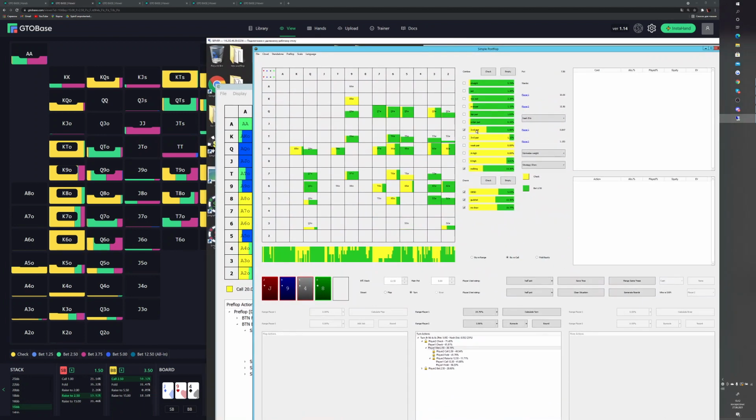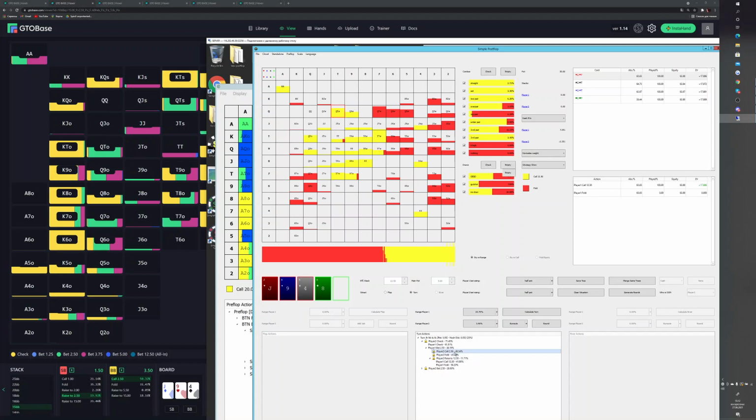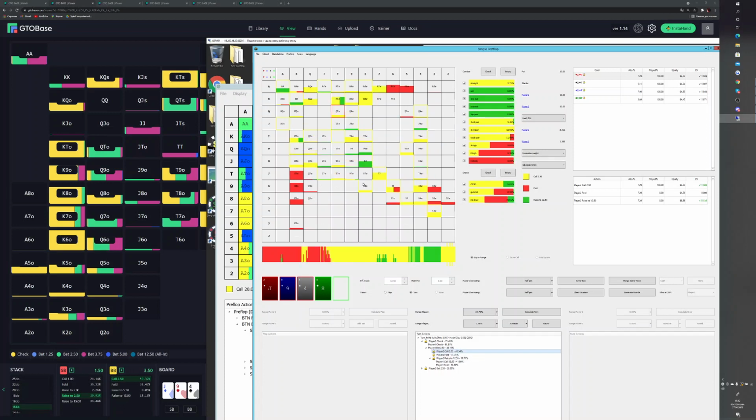So I think the biggest problem for us after we take this line is our value betting range on the river. Because if we check call on the turn, our opponent knows that we have nothing. We have some 8x, 9x combos, but nothing really strong.